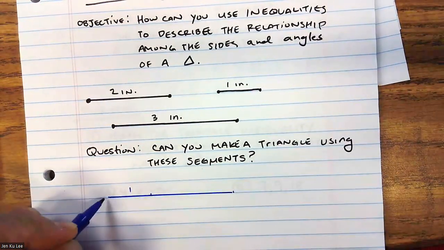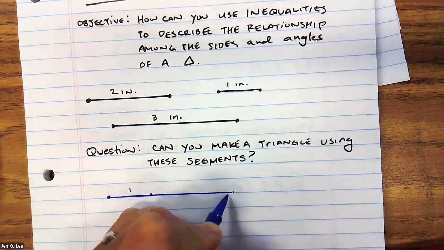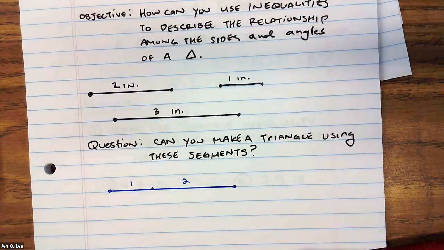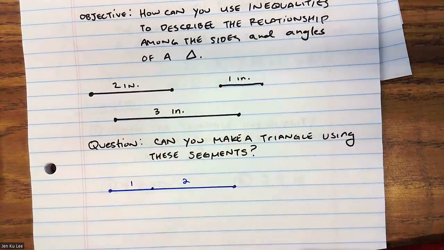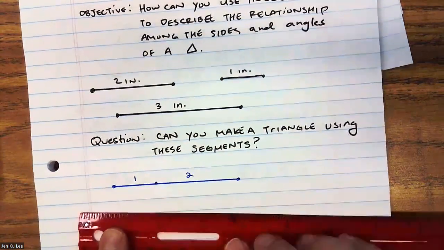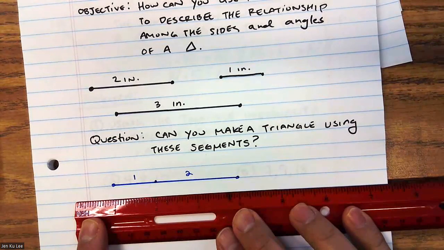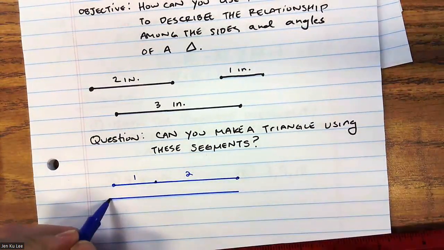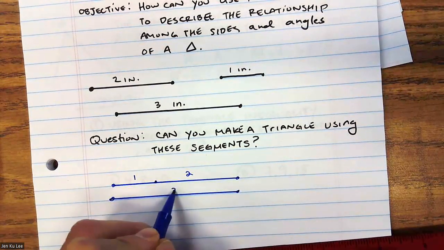So I put these two together. This is the 1, and this is the 2 inch, correct? And if my third side is 3 inches, I'm just gonna copy and paste it, correct? Yeah, that's the best that I can do right there.